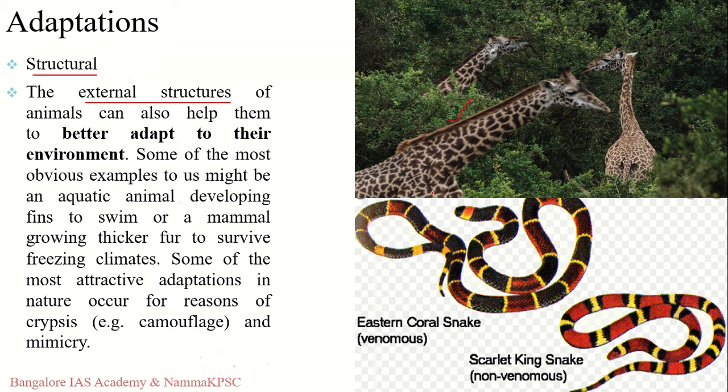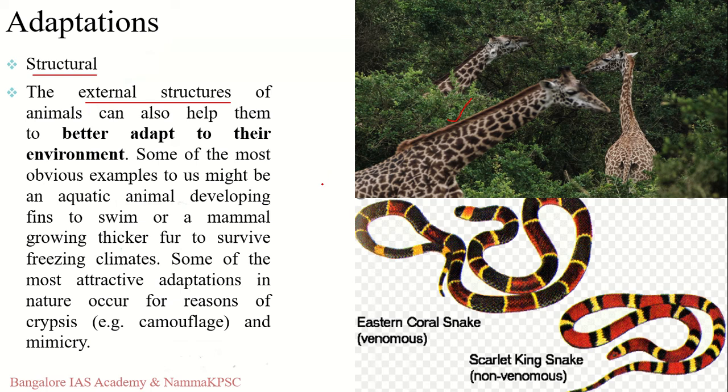What happened was that when food became scarce on the ground and trees grew taller, the giraffe's neck also got longer. So this is a kind of adaptation to help the giraffes to survive, where they ensure that they are able to access more food every day. It is a morphological or structural adaptation to its surrounding environment.